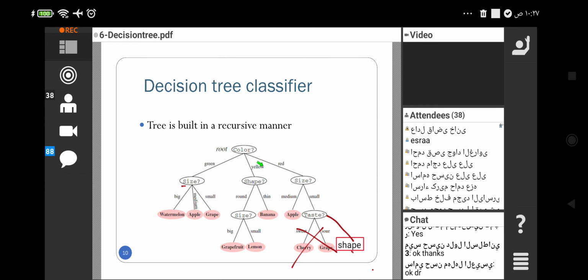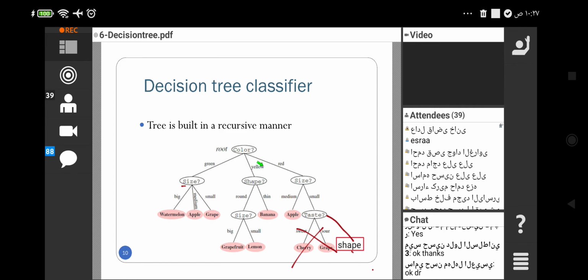So the decision tree has this advantage that it is understandable by people who are not in data mining and who don't have any information about data mining. After we have built the tree, we could show it to different people and they could understand what it is doing. It's different from the neural network.